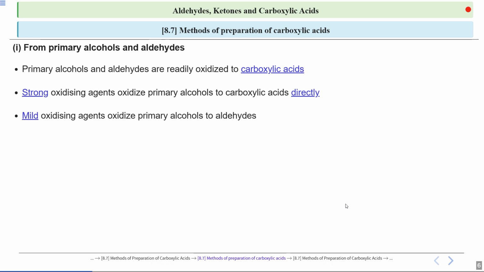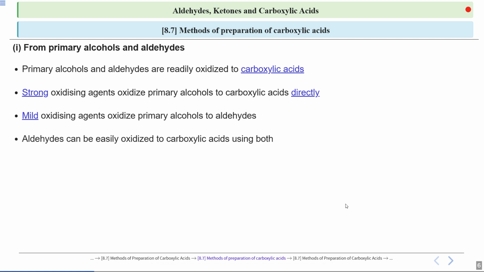On the other hand, if we are taking a mild oxidizing agent, it will oxidize primary alcohols only to aldehyde. So if we want to stop the oxidation process at the aldehyde stage, then we use a mild oxidizing agent. Mild oxidizing agents include PCC, pyridinium chlorochromate.